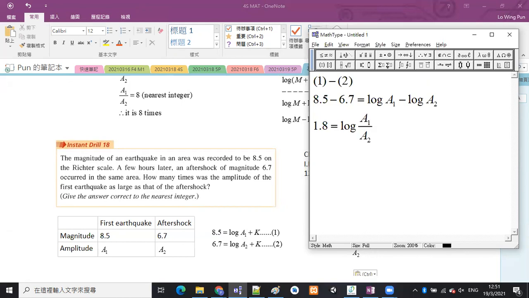OK，呢一個就我哋想揾嘅嘢嚟㗎啦。但係而家就 trap 住咗喺個 log 裏邊，咁又係啦，我哋要 delete 個 log 嘅話，就要令到對面都要有個 log。呢個 1.8 乘個1俾佢，而嗰個1就係變咗 log 10。OK，and then the 1.8 will be brought to the index of the 10.